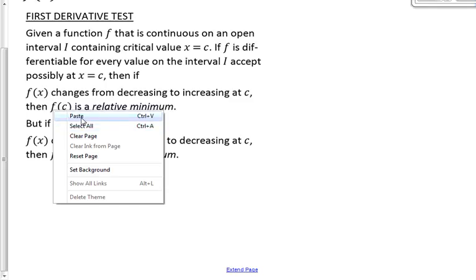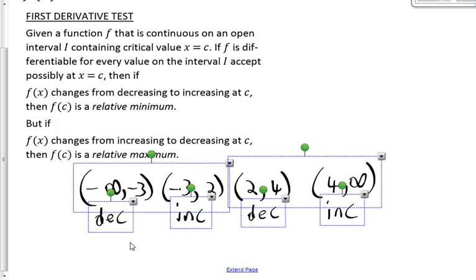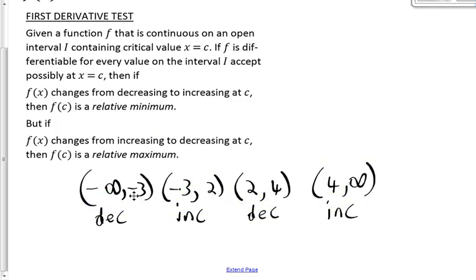So based on that, I have this information here. You can see that the function f goes from decreasing to increasing at -3. You see that? On the left of -3 is decreasing, on the right of -3 is increasing. So if it goes from decreasing to increasing, then it's a relative minimum.